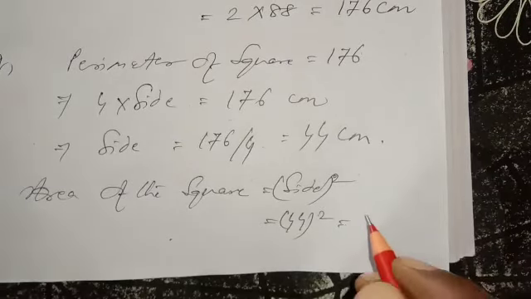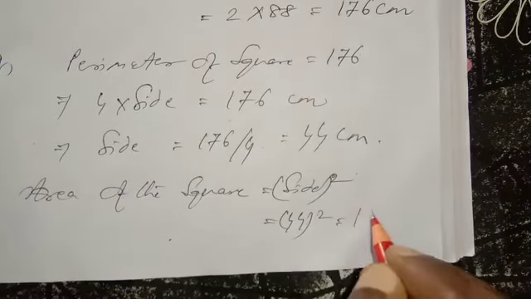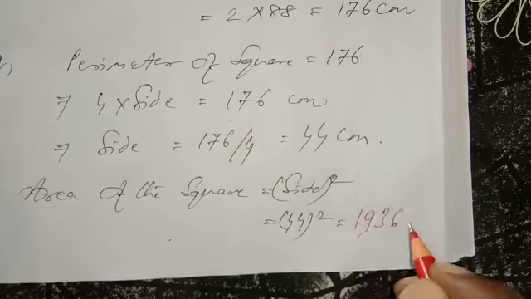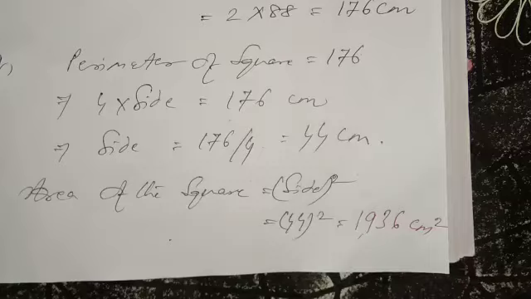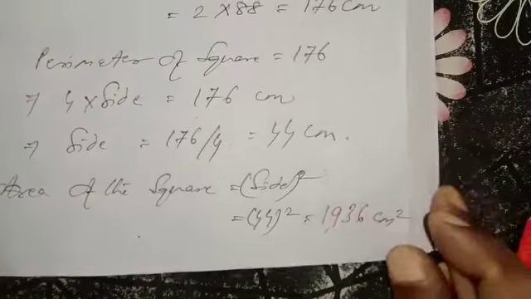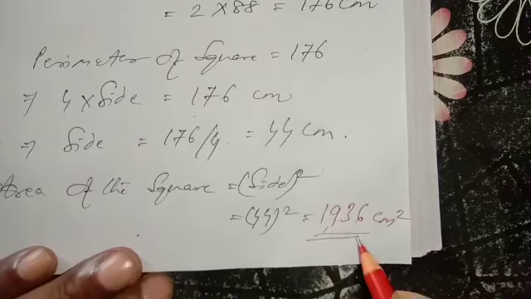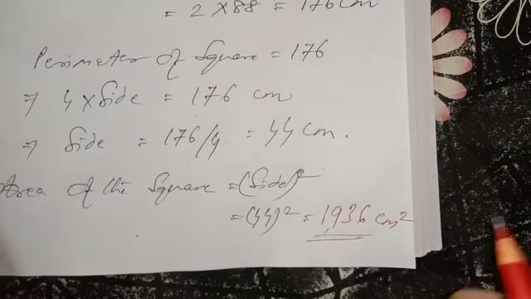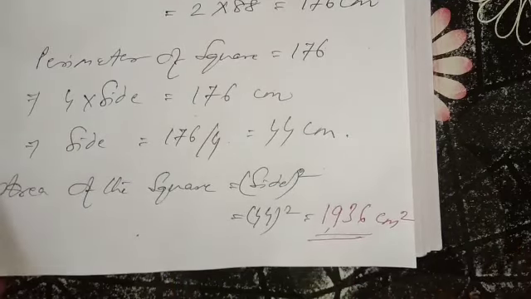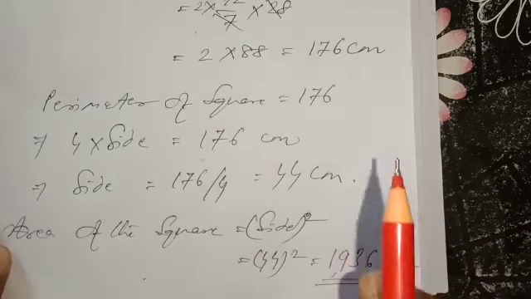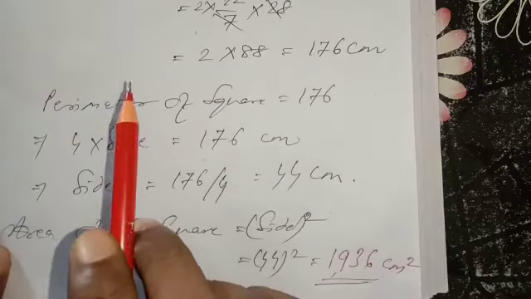It is coming 1936 centimeter square. What is the area of the square? 1936 centimeter square. Because you are making the same wire from circle to square, the square perimeter and the circumference of the circle will be the same.